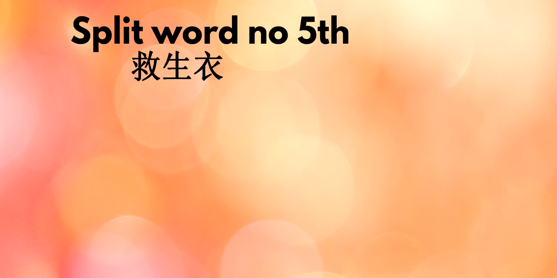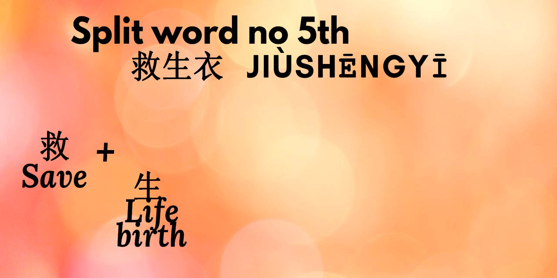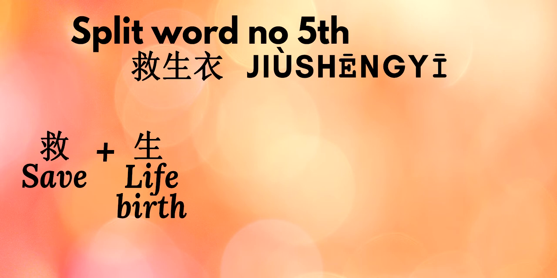Now word number 5, and this is the pinyin: jiù shēng yī. Jiù means to save, to rescue, and it is added with shēng. Shēng is basically used for birth, because when someone is born, it means that someone is getting a new life.